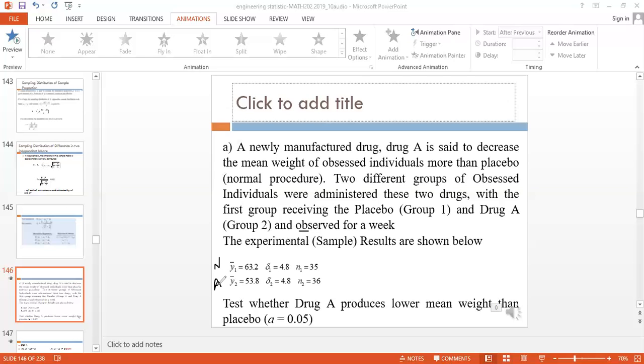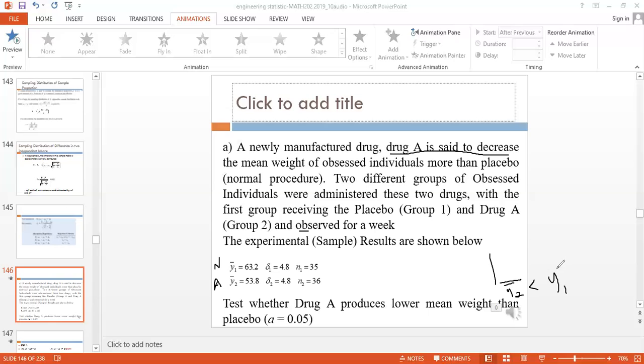And the objective here was what? To check, you see, it says drug A is said to decrease the mean weight. So it means that at the end of the day, we expect that the weights of the individuals on drug A should be far less than the weights on the normal procedure.